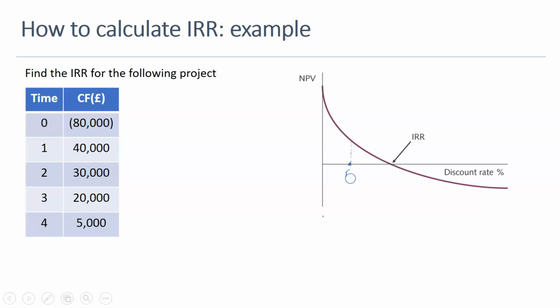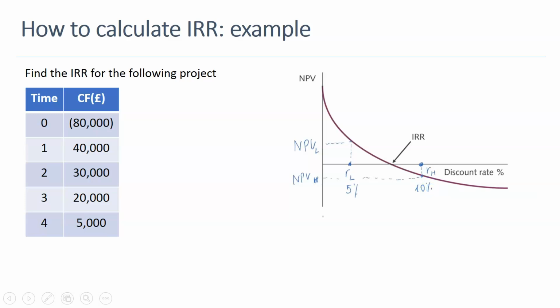One will be a low discount rate, let's say 5%, and we will need to calculate the net present value at this low chosen discount rate. And also we'll need to find some higher discount rate, let's call it RH. Similarly, we calculate the net present value of this project at this discount rate. Let's say this could be 10%.